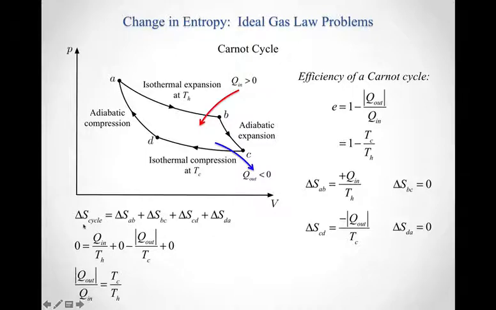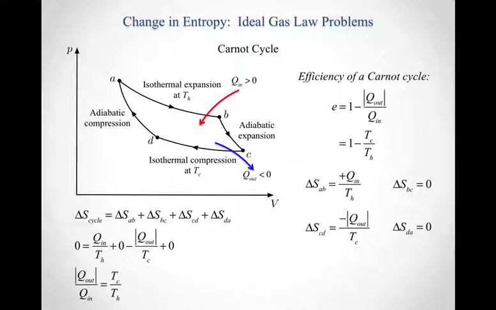I know the entropy change of my cycle is equal to the sum of all four entropy changes. But of course, entropy is also a state variable. So in processing around a complete cycle, the net entropy change has to be 0.